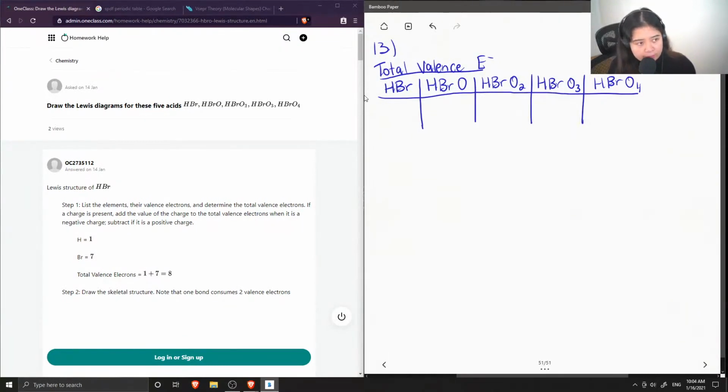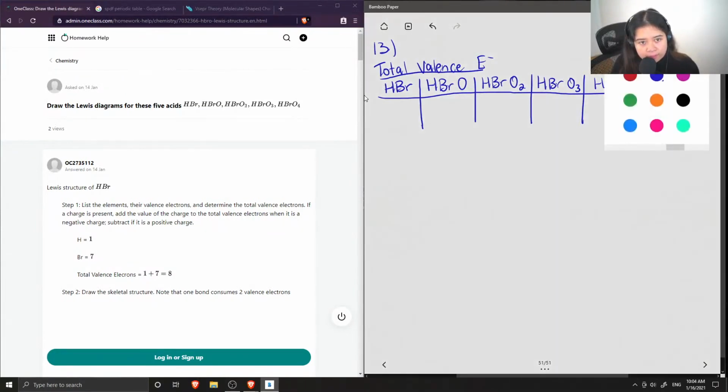So when we have HBr, hydrogen has 1 valence electron. Bromine has 7. So HBr just has 8 valence electrons in total.